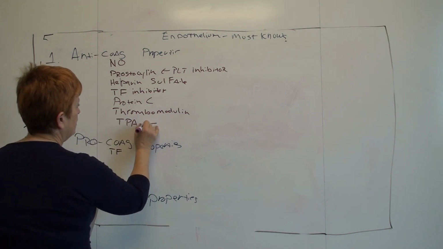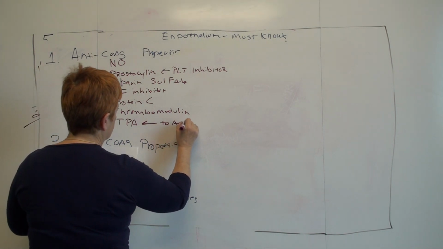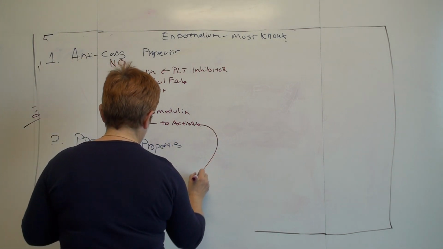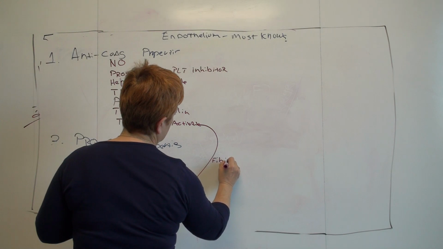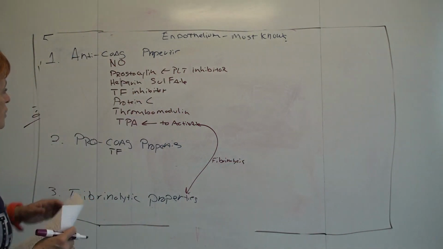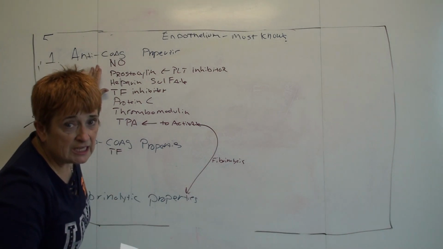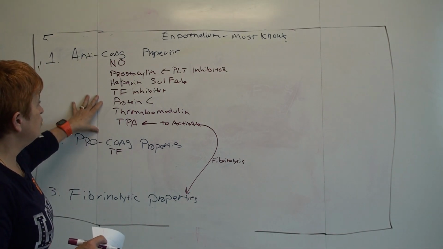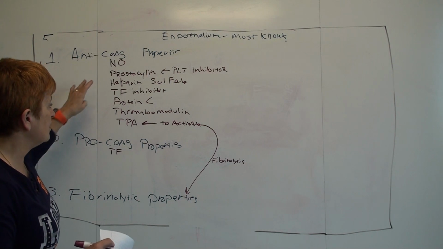So this is used to activate fibrinolysis. Okay, so here you can see these are natural properties that the endothelium has to make sure that the platelets are not going to stick.